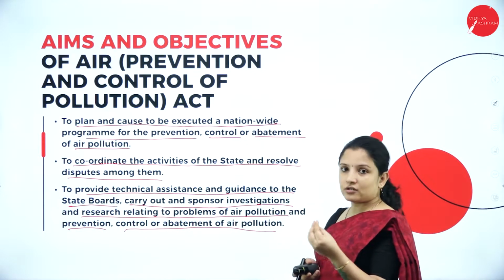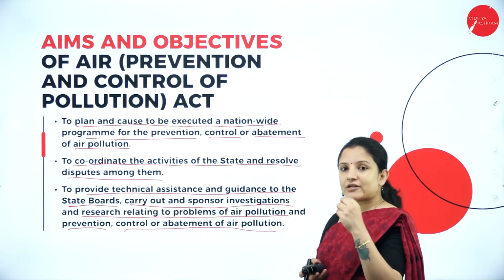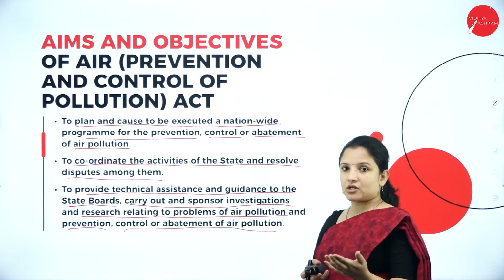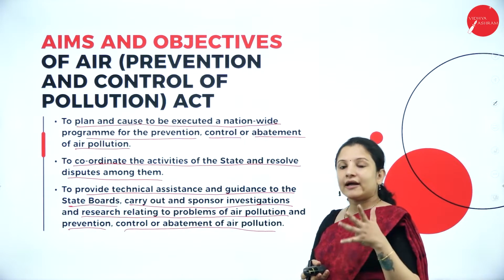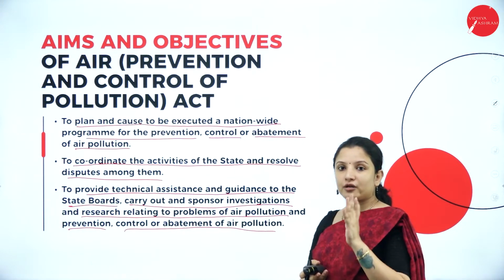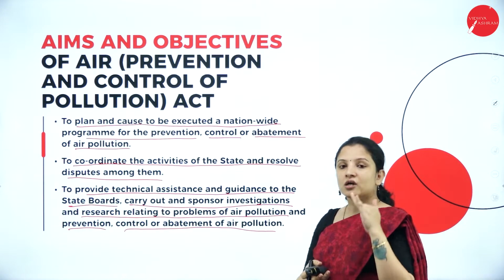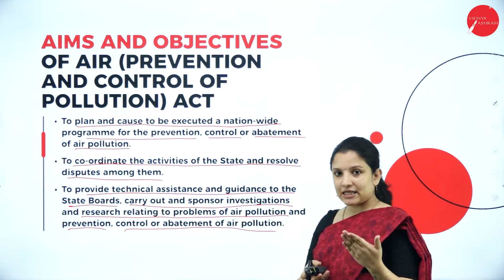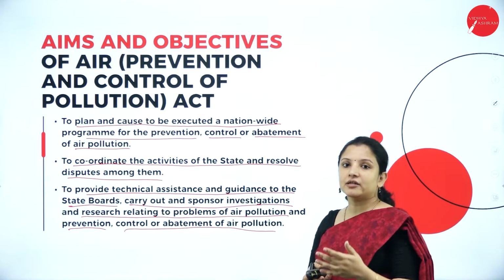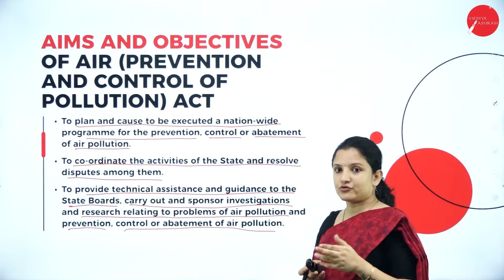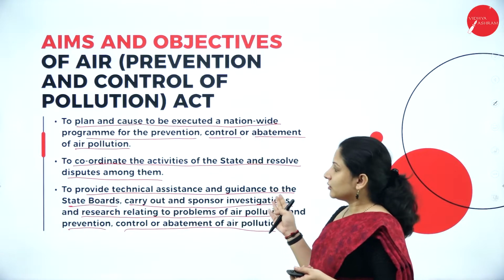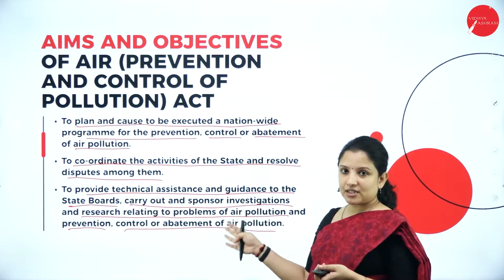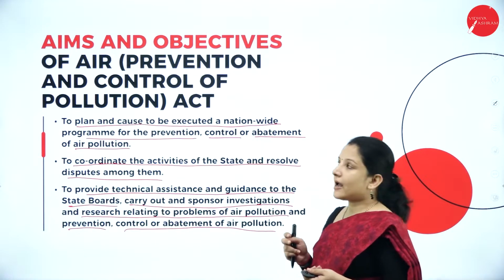So the central committee helps the state committee to carry out investigations or research as to exactly what is going wrong in that particular state, because air pollution is increasing, and what can be done in order to prevent it. That is how, by coordinating with one another, both the center and the state committees work under this Air Act.